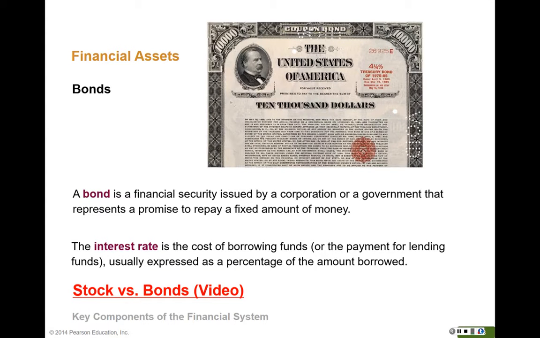So here I'm going to explain the difference between stock and bonds. Both stock and bonds are important financial tools the company can use to raise money. I'm going to give you an example to illustrate the difference between the stock and the bond.